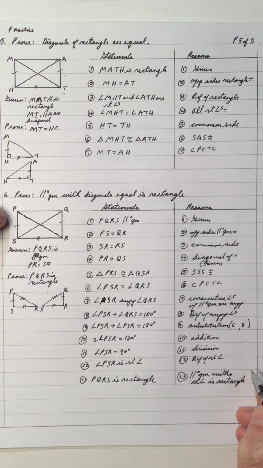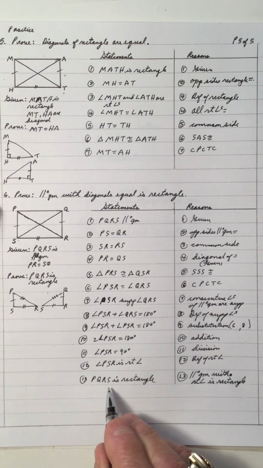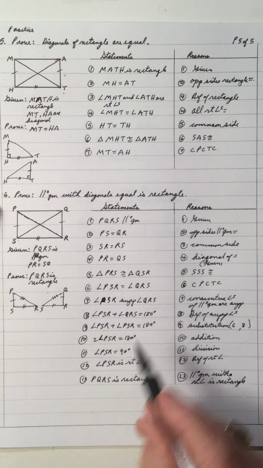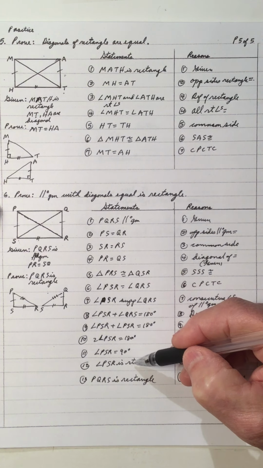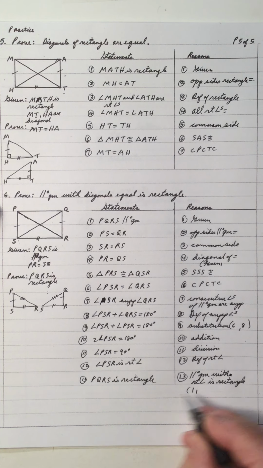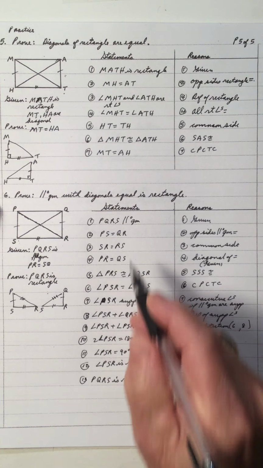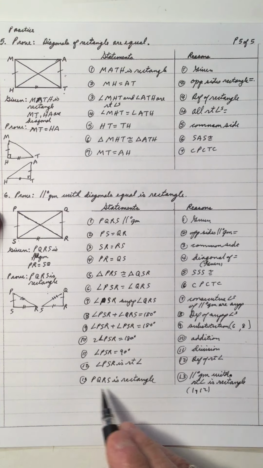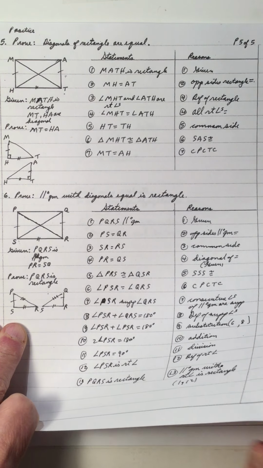Proof that we did earlier. We have a parallelogram. Parallelogram is given, and we have a parallelogram with a right angle. There's the right angle, so we look at 1, and you look at 12. 1 and 12. We got a parallelogram with a right angle. We got a rectangle.